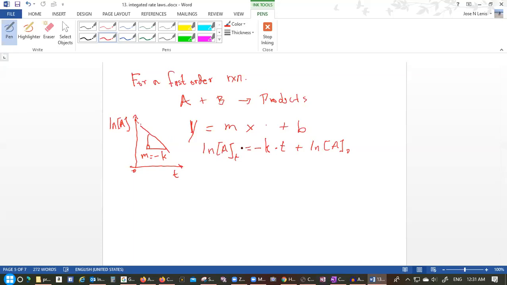So you can rearrange this and work this out. Let's say you want to move this around.